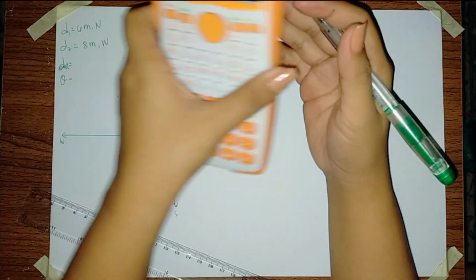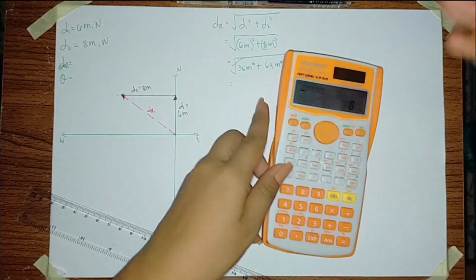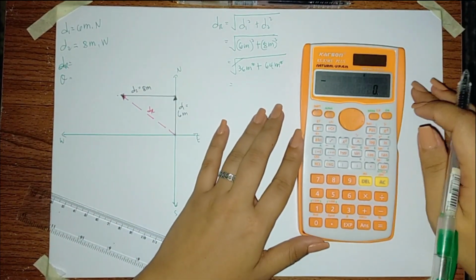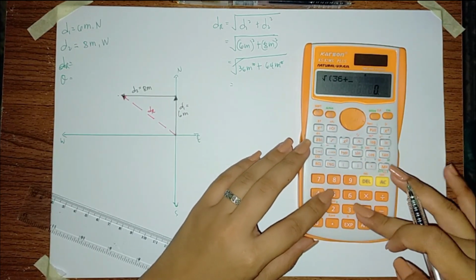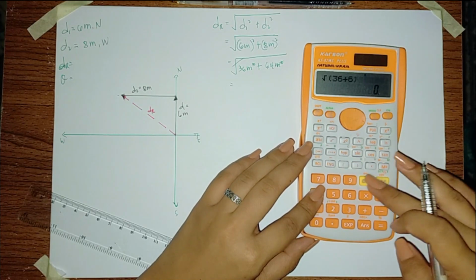Now, using our calculator, let us solve for our resultant vector. We have the square root of, parenthesis, 36 plus 64.